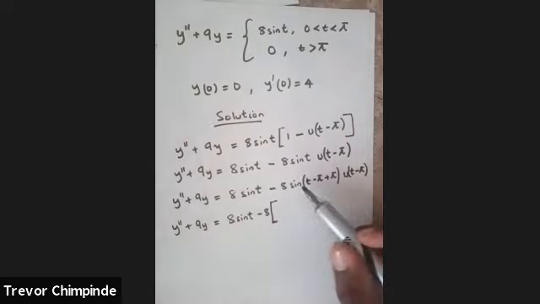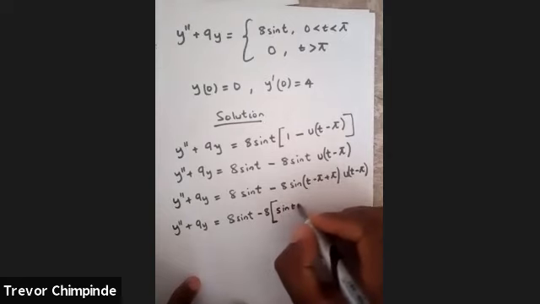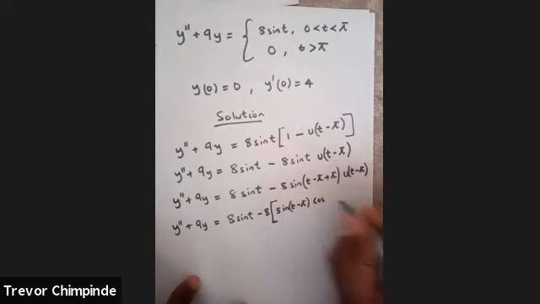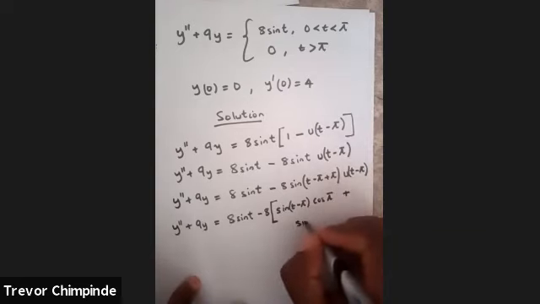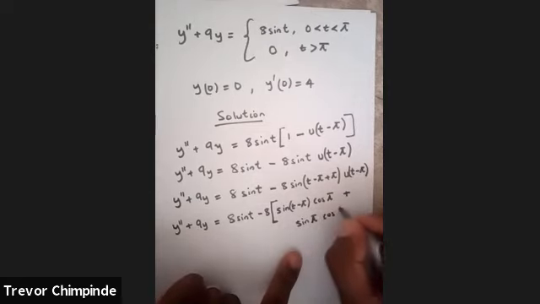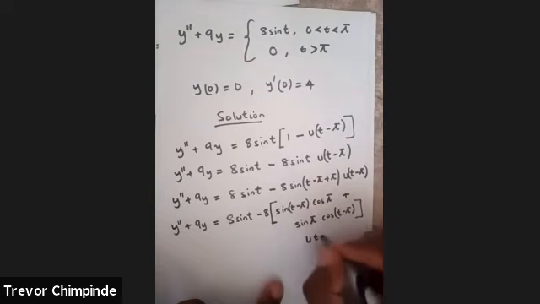Sine of a plus b is sine a cos b plus cos a sine b. So it's going to be sine of t minus pi, then the cosine of pi, plus sine of pi, then the cosine of t minus pi, in brackets multiplied by the unit step u(t minus pi).